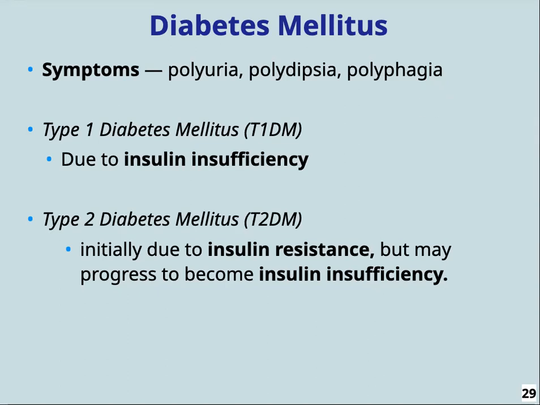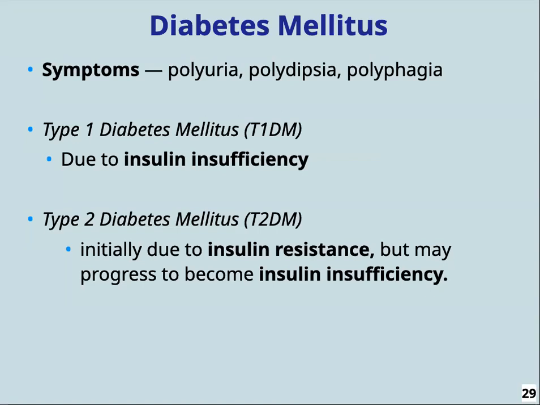Type 1 diabetes mellitus, sometimes abbreviated T1DM, sometimes called juvenile diabetes, is due to insulin insufficiency. Okay, and it's an autoimmune disease that develops when your body's immune system attacks your own pancreatic beta cells.